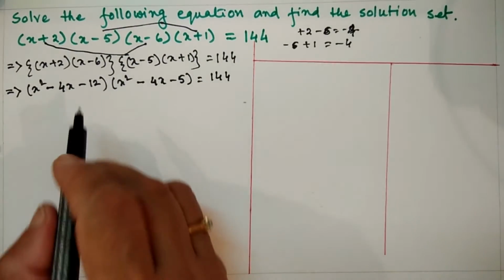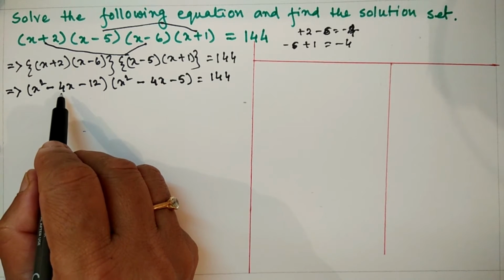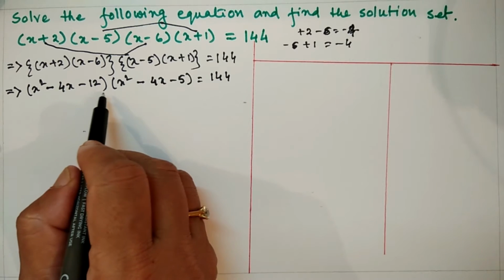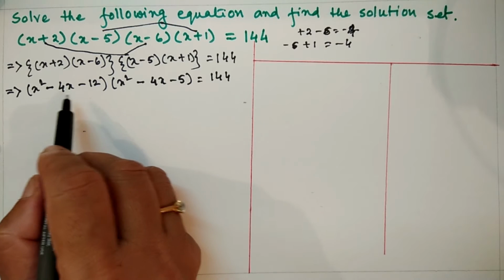Now friends, you see in both the products x square minus 4x is common. So what we will do?